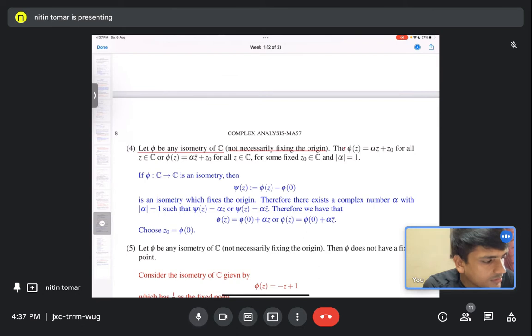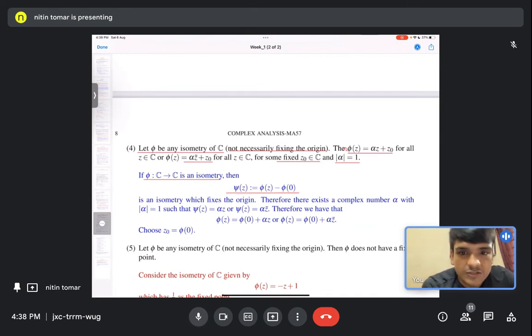Then, there is a typo, phi of z is either alpha z plus z naught, or alpha z bar plus z naught for some fixed z naught in C and mod alpha equal to 1. Now how do we prove it? This option is true. You start with an isometry phi, you define a new map phi z minus phi 0.